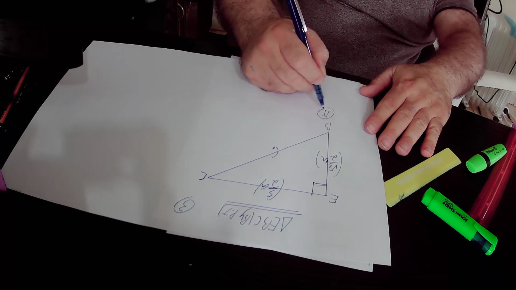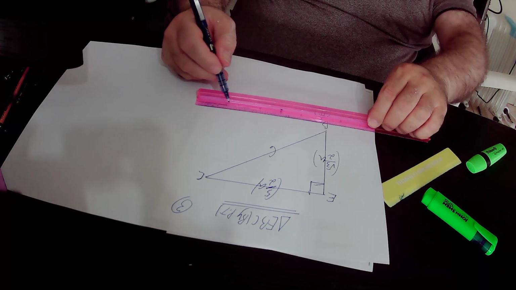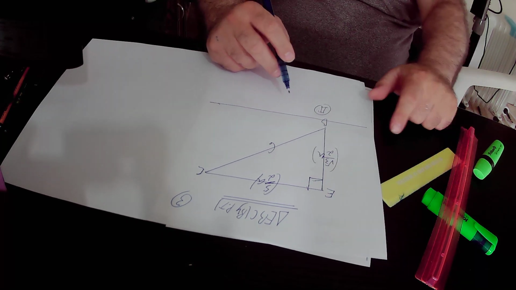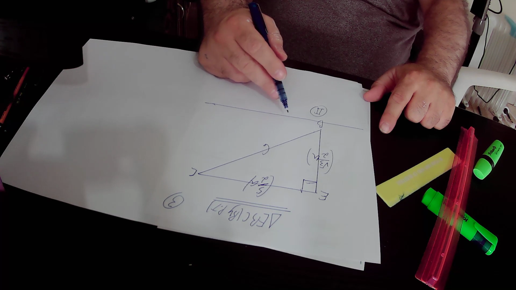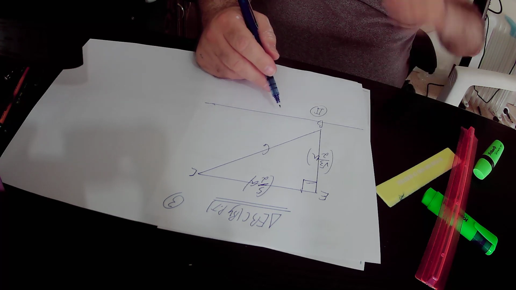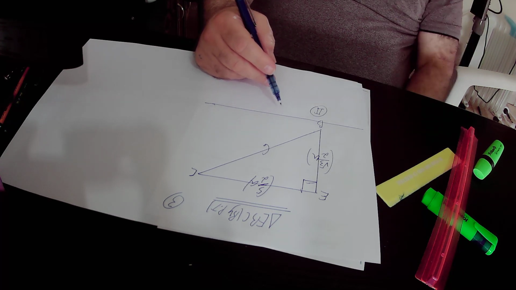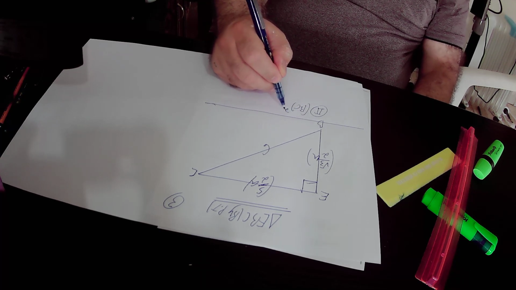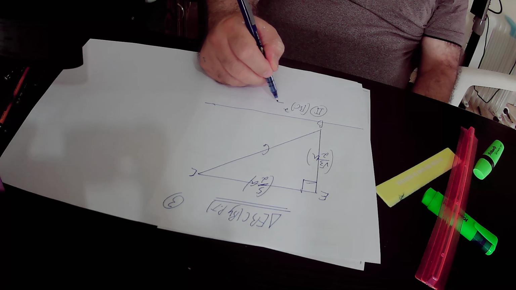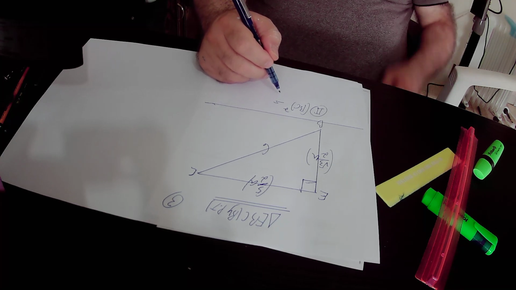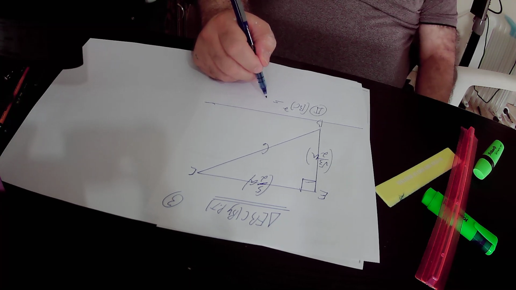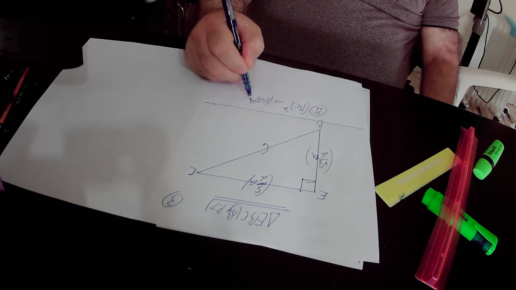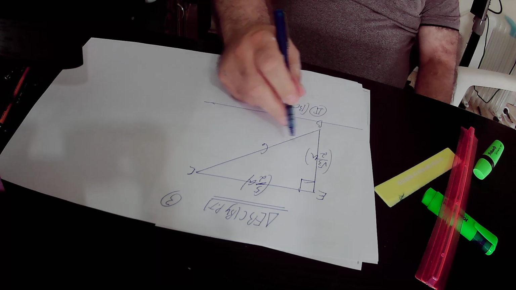The hypotenuse is BC. Therefore, the square of the hypotenuse is BC squared, and it is equal to the sum of the squares of the perpendiculars. That is to say, it is equal to EB squared plus EC squared.